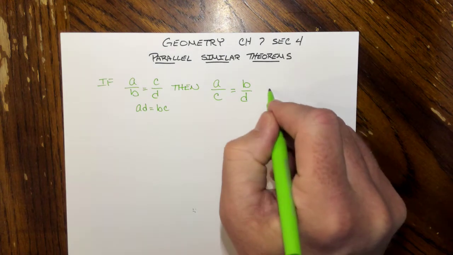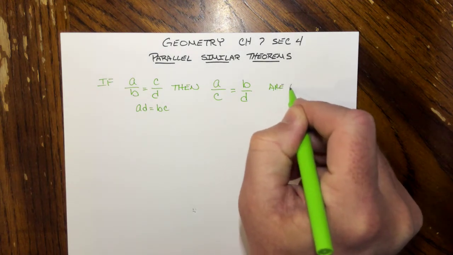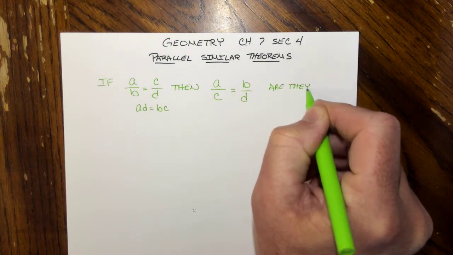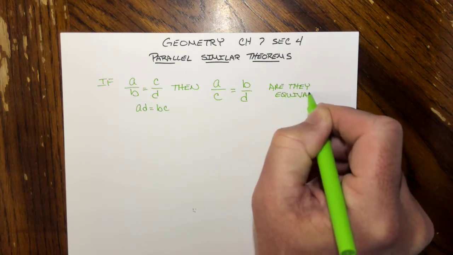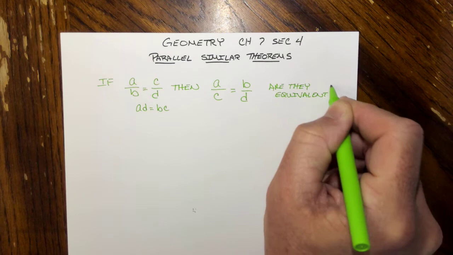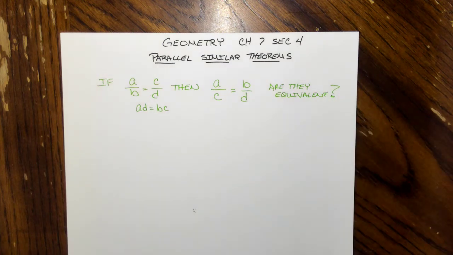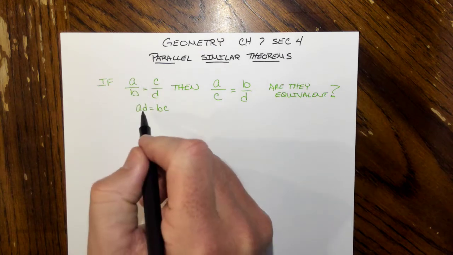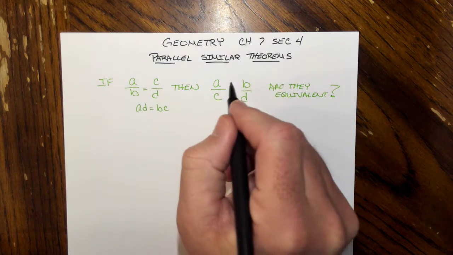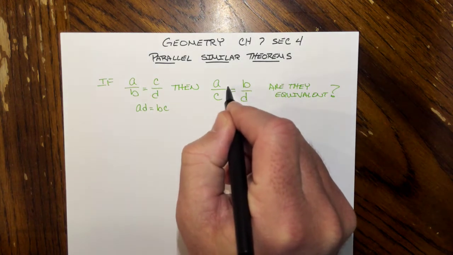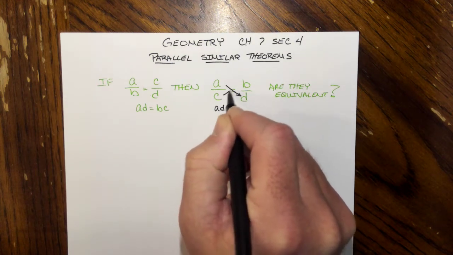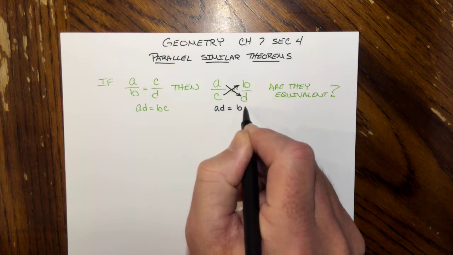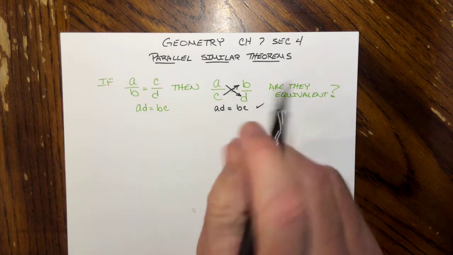So are they equivalent? So that's where we check cross products. Here, we already know that's given from our notes from before, but look at what we do with these cross products. So they do check, so they are equivalent.